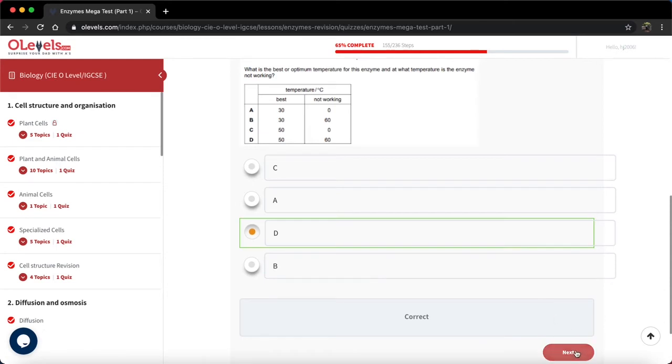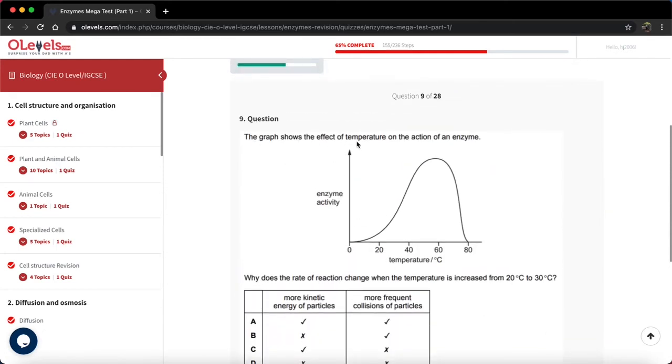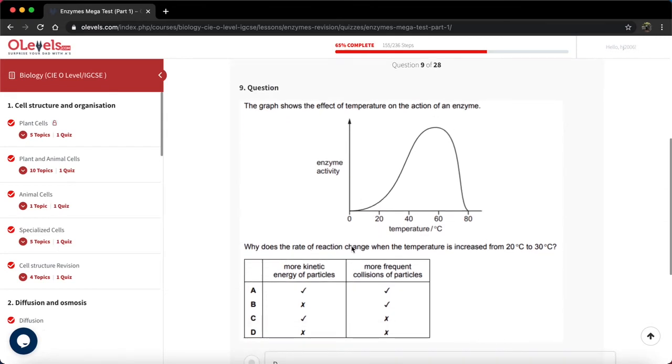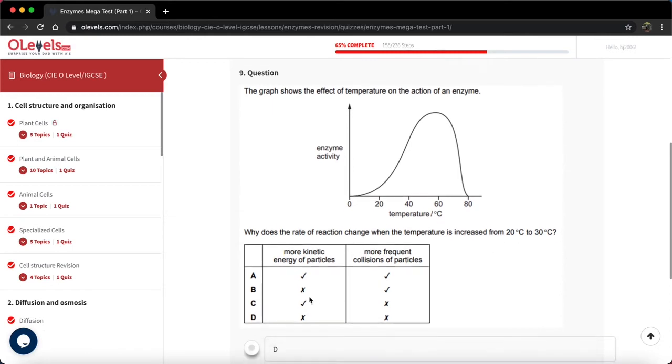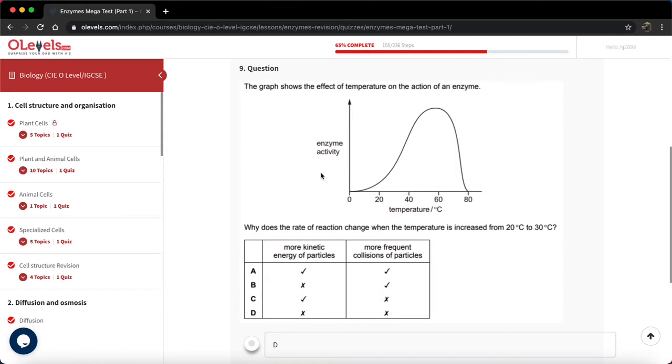We're done with it. Next, the graph shows the effect of the temperature on the action of an enzyme. Why does the rate of reaction change when the temperature is increased from 20 degrees Celsius to 30 degrees Celsius? Now, it's asking why there is the increase in the rate of activity of the enzymes as the temperature is increased.